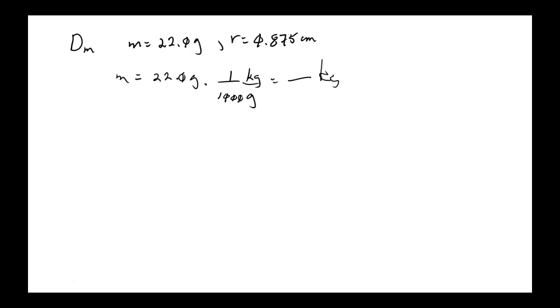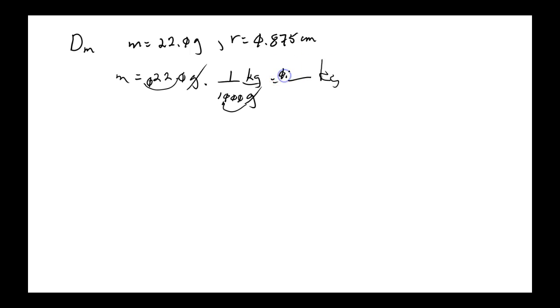Okay. So see, your gram units cancel out now. And how do you get kilograms? Divide the 22 by 1,000. What do you get? It's real easy when you're dividing by 1,000. You move your decimal 3 places, because you're moving that decimal 3 places to make that a 1 down there.